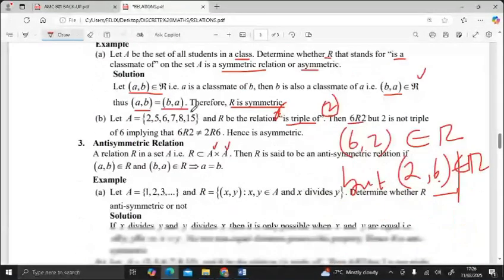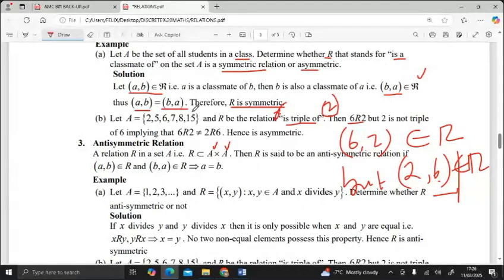If A is R related to B and B is not R related to A, meaning the pair (B, A) is not in R, then we say that it is asymmetric. Now, how is it different from antisymmetric? This is something I wish each of you would synthesize and figure out, to see whether indeed there is a difference here.